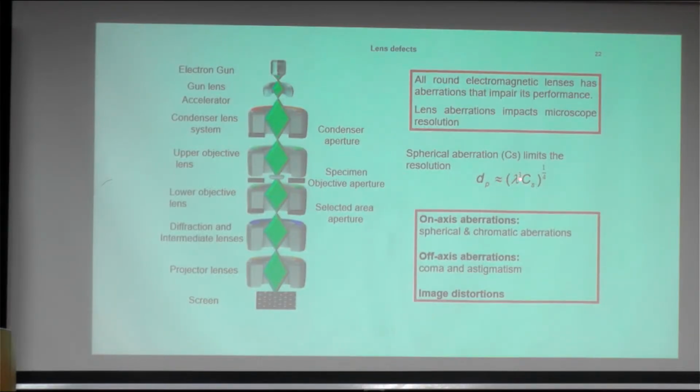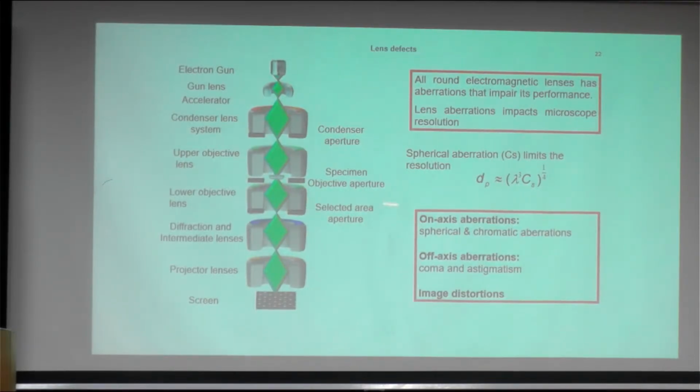It depends on the wavelength of the electrons, and it's also a function of Cs. And Cs is the aberration coefficient. So you can see, if you make this value smaller, we can get a nice resolution. So we can manage this and adjust this.